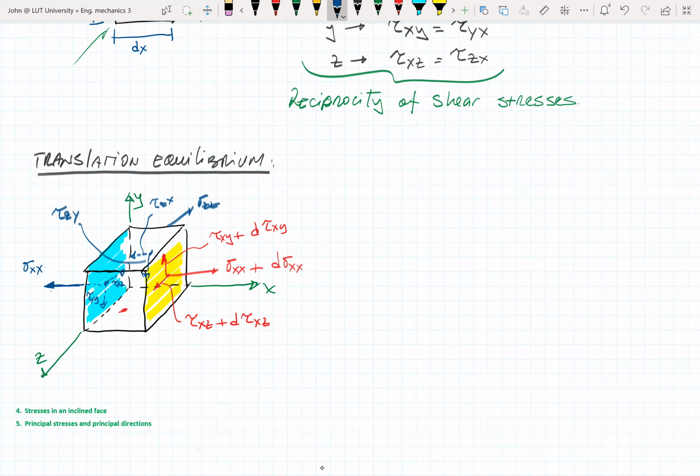Now in the positive phase, let's imagine that what I'm going to write next is going to be represented in this phase here.